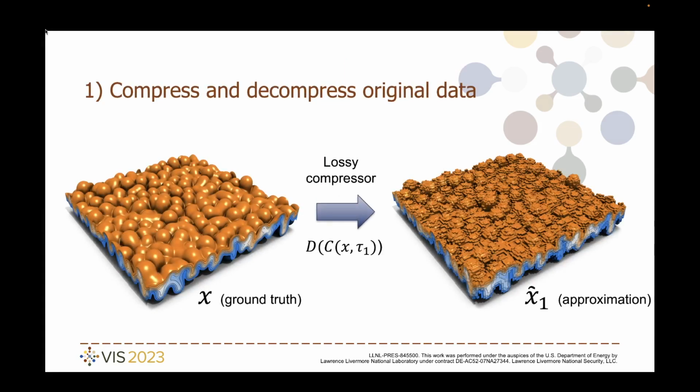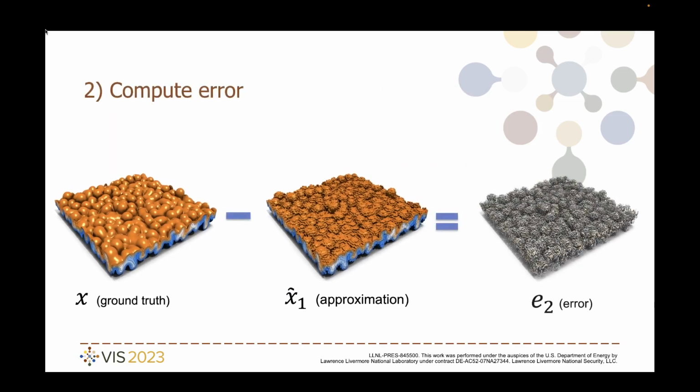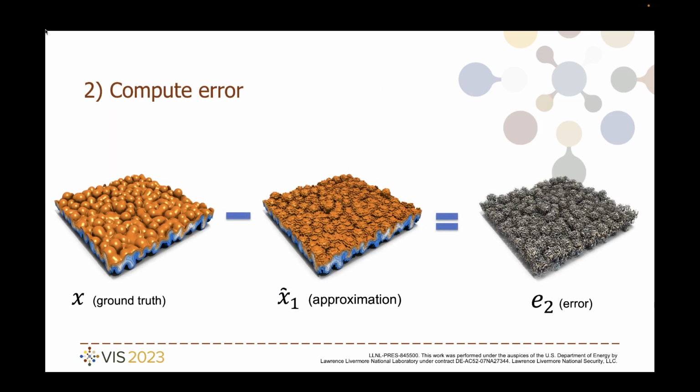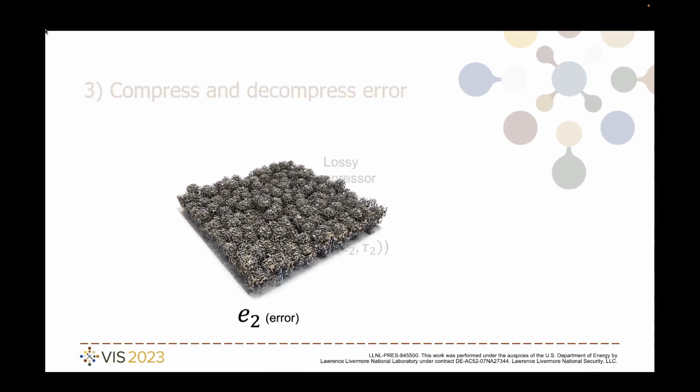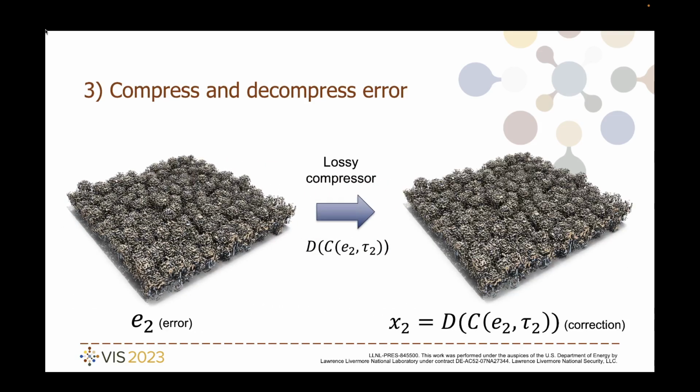We start by compressing and decompressing the original data with the largest tolerance tau1. This builds the first and coarsest approximation x tilde 1. Then we compute the difference between the original data and first approximation, yielding the error field E2. Next, we compress and decompress E2 by using the error tolerance tau2, leading to a second correction field x2.